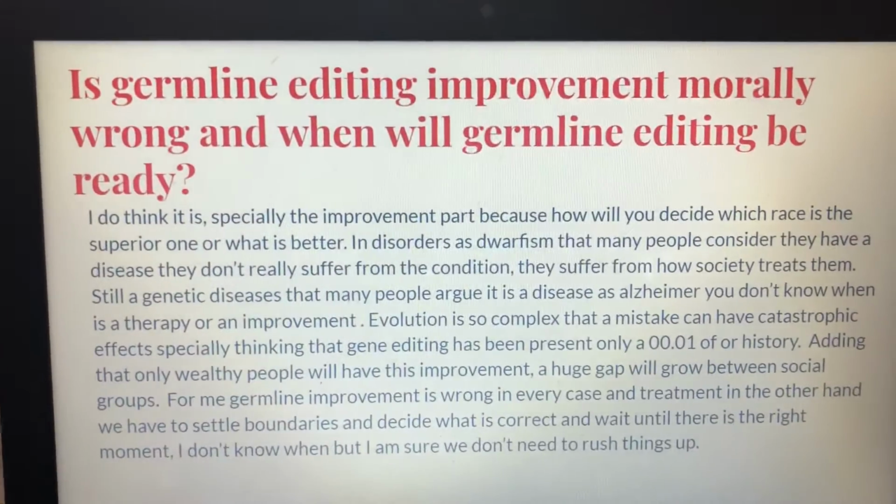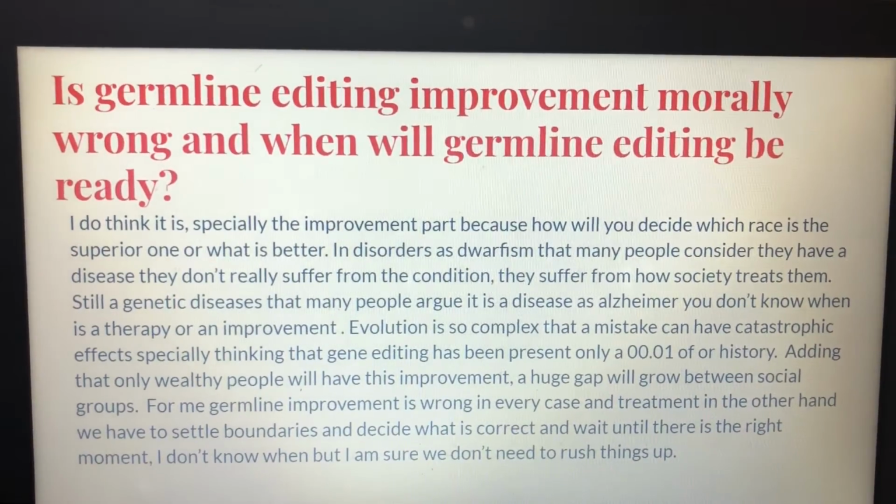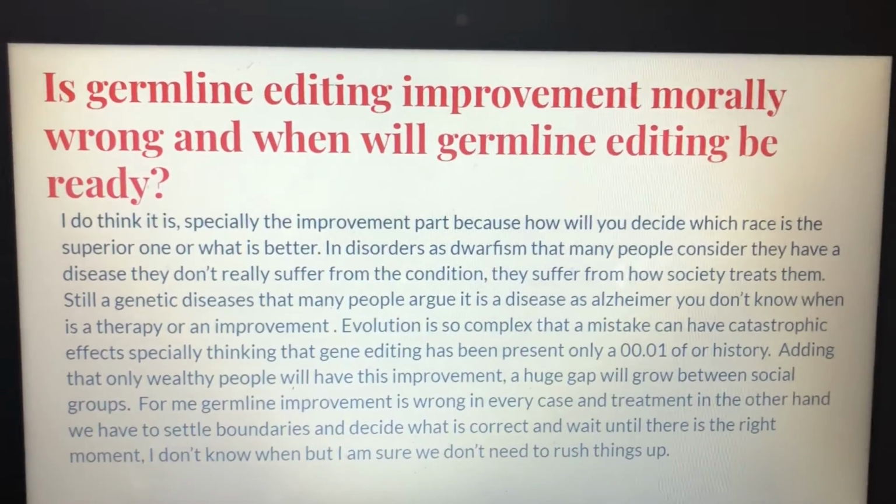In disorders such as dwarfism that many people consider a disease, they don't really suffer from the condition. They suffer from how society treats them.